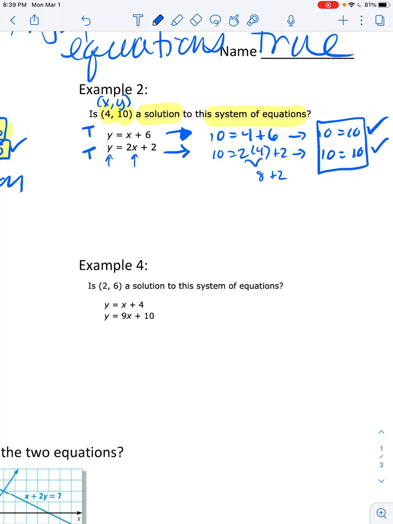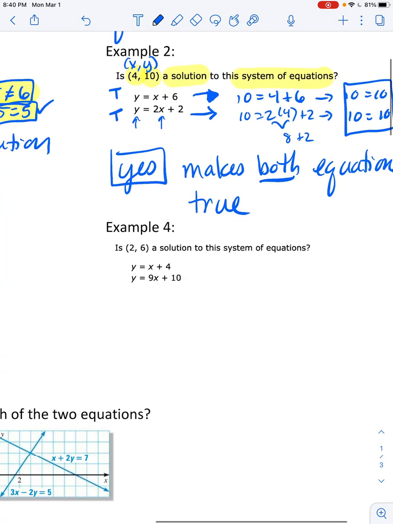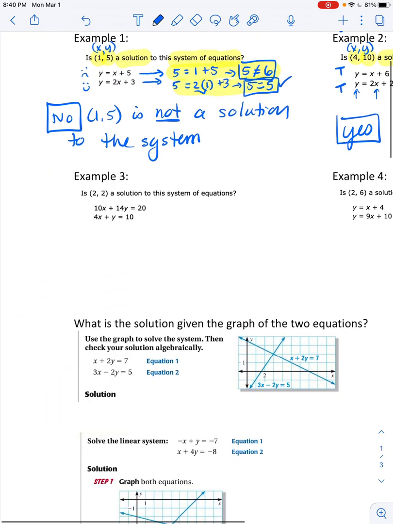But in this case, the question is, hey, is (4, 10) a solution to the system? And the answer is yes. And that's what you would need to say. But the reason is that it makes both, that's the key, it makes both equations true. So mathematically, plugging in those x, y coordinates, those coordinates make both equations true.